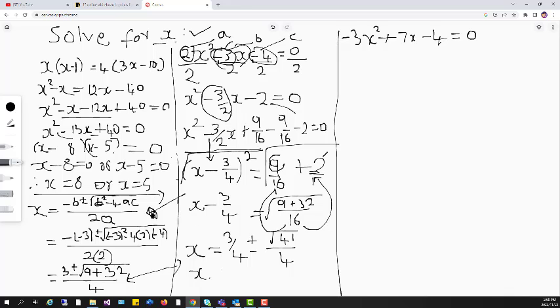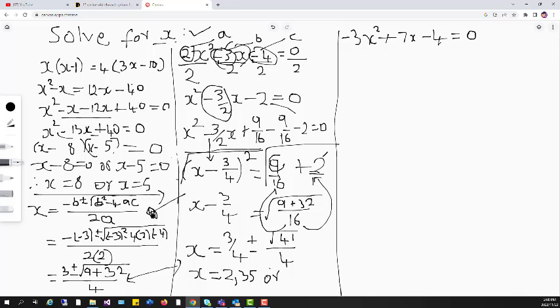Okay, the first one is x equals 2.35. Normally you have to leave the answer to 2 decimal digits after the comma, so this would be 5.